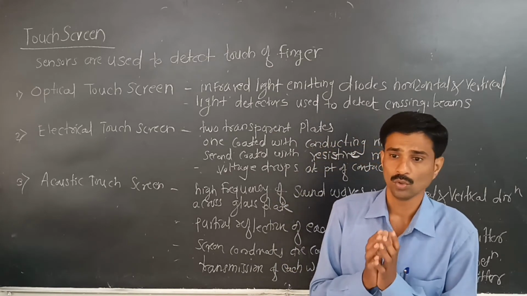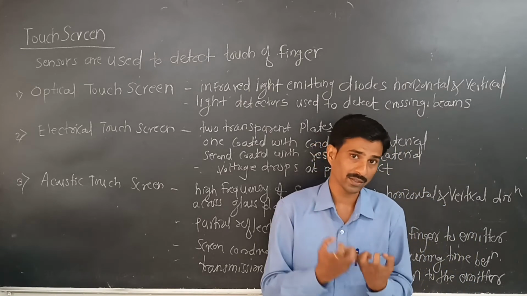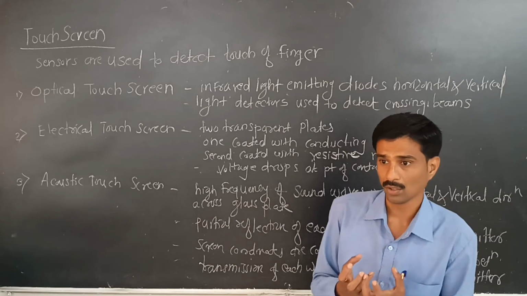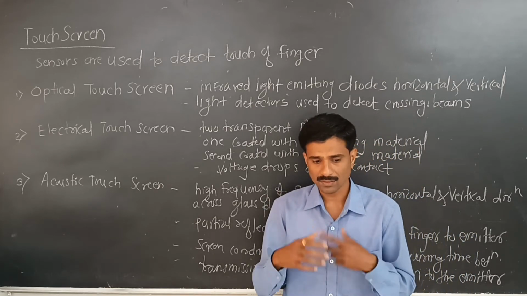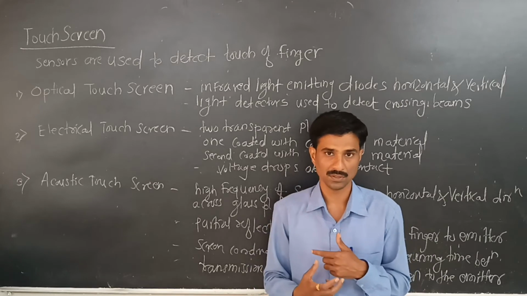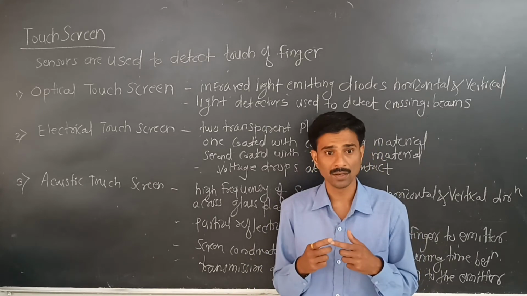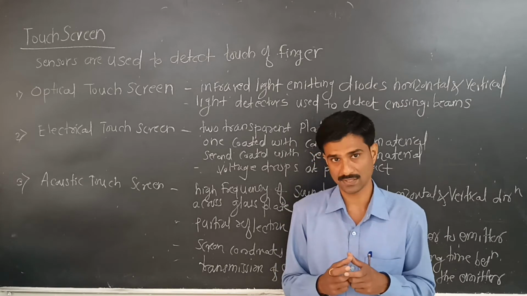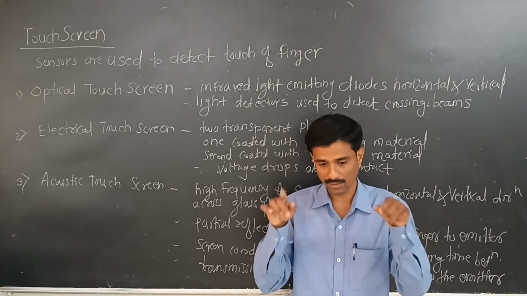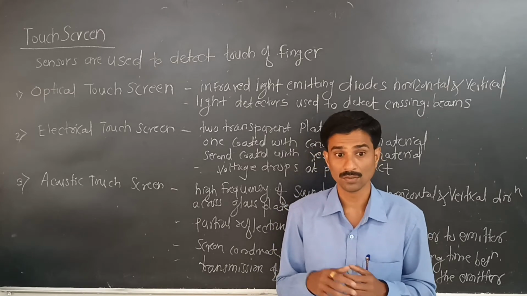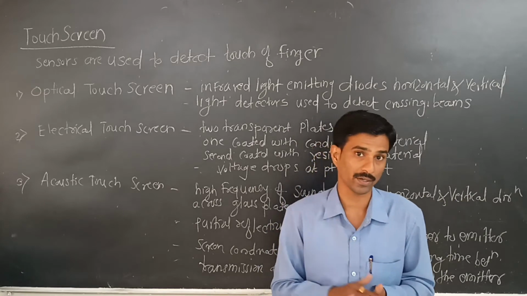To detect that touch, depending on the touch of the finger, the sensor will automatically sense the position, or decide which coordinates, x coordinate and y coordinate, of the device are calculated with the help of that point of contact.